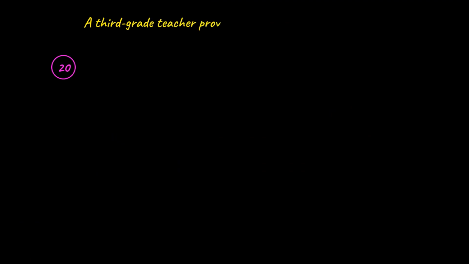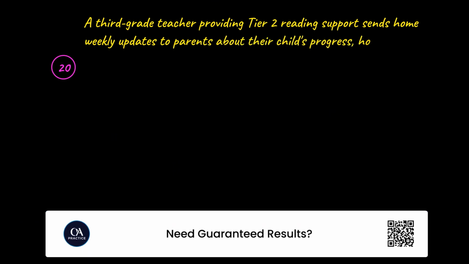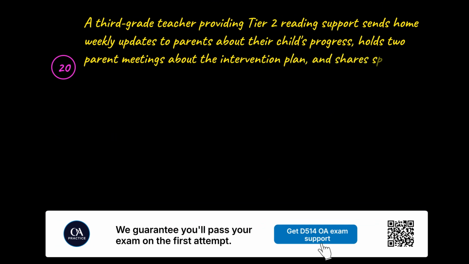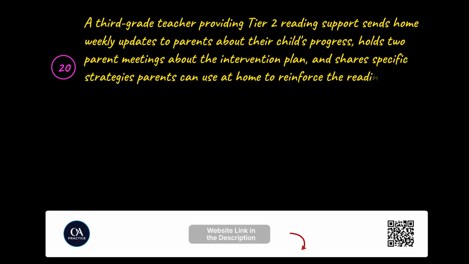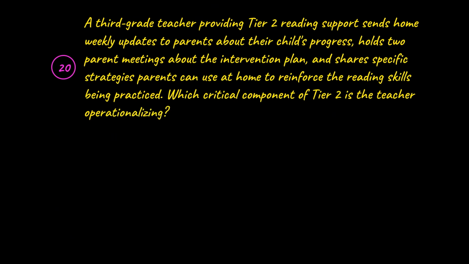Question 20. A third grade teacher providing Tier 2 reading support sends home weekly updates to parents about their child's progress, holds 2 parent meetings about the intervention plan, and shares specific strategies parents can use at home to reinforce the reading skills being practiced. Which critical component of Tier 2 is the teacher operationalizing?